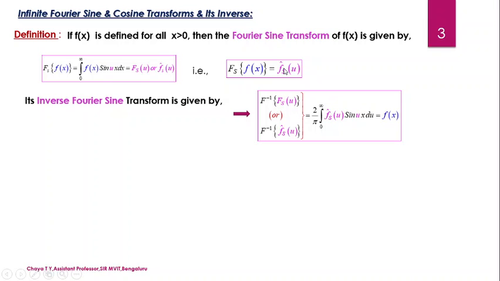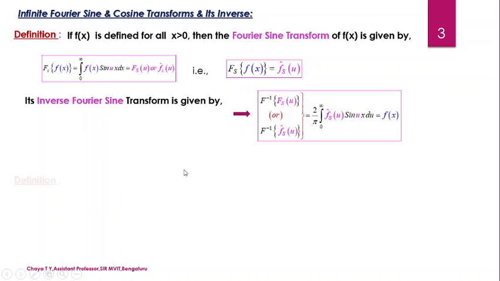Means whatever Fourier sine transformation expression you have obtained in terms of u, that should be substituted into the RHS, and then we integrate the function with respect to the parameter u in this case. And we have the constant term 2 by pi associated with the definition, which we need to remember for the inverse Fourier sine transform.